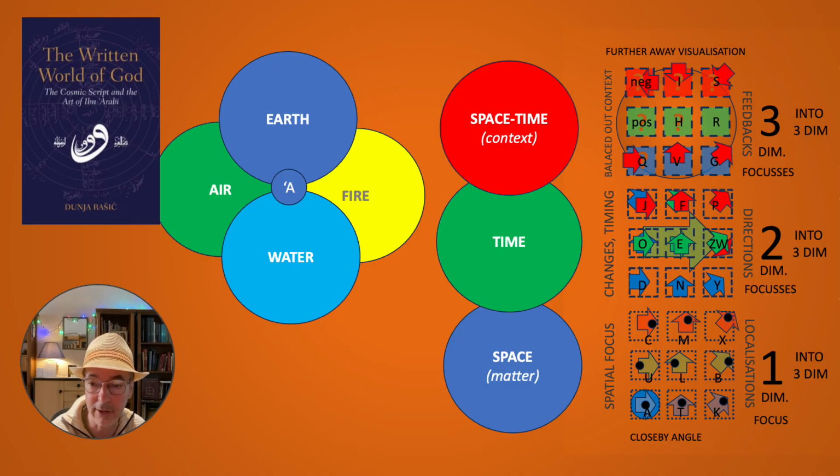So although I explain it here as space, it is about focusing upon matter. This is followed up by the processes of time, where all the movements are. It's in the green part, and it ends with the space-time context. The last couple of letters are categorized there. That provides us context, all the general rules that apply and are found there, and all the letters are organized in that one, and they are compatible.